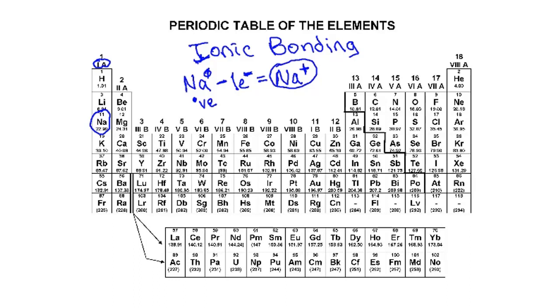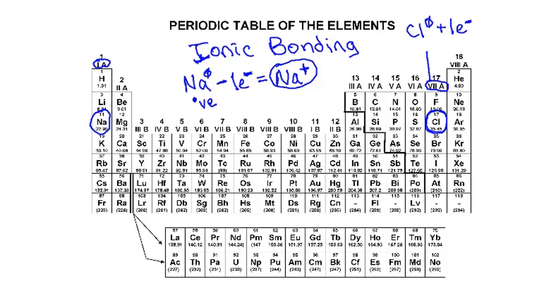Now let's look over here to Cl, chlorine, on the right-hand side. Now chlorine is in group 7A. So it has 7 electrons around it. So it's easier for chlorine at a 0 charge to take on one more electron because it already has 7 in its outer shell.